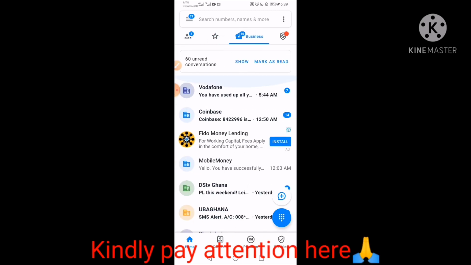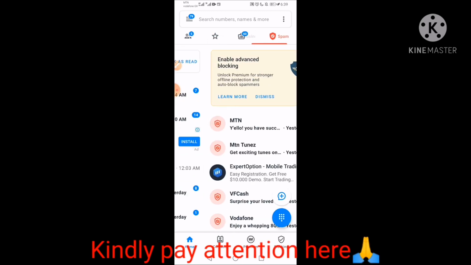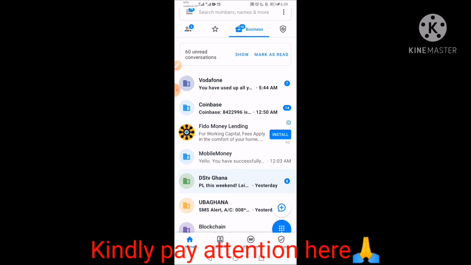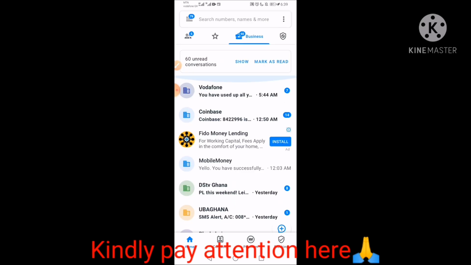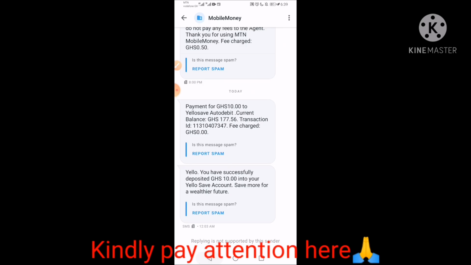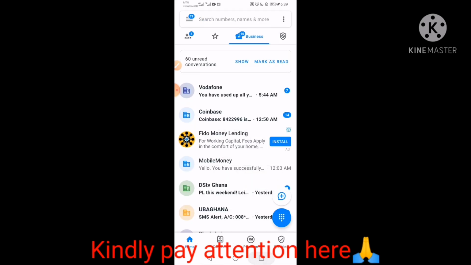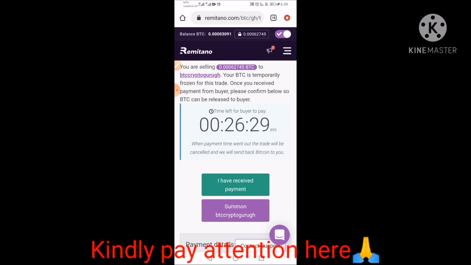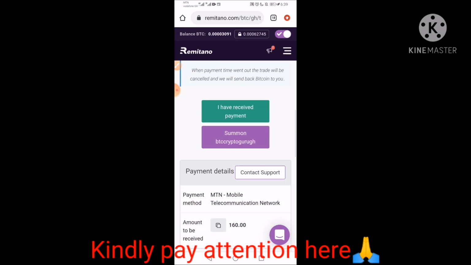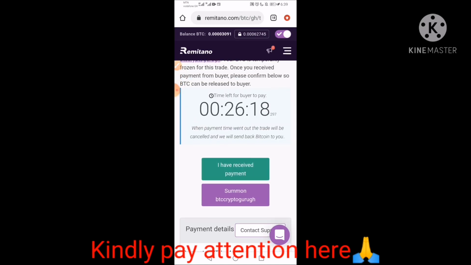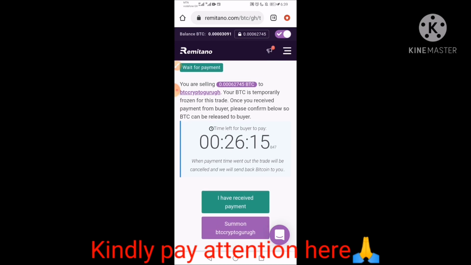Okay, I've still not received the money concerning mobile money. As you can see, I still have the old mobile money message here. So we still have to wait for the payment, making sure that we never click on I have received payment.